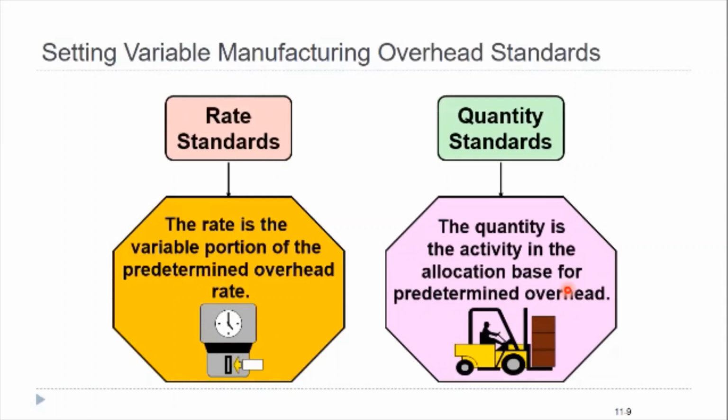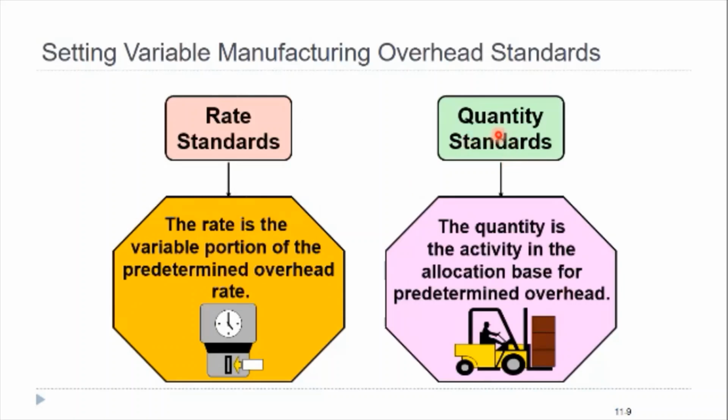For the manufacturing overhead variable, the fixed rate, again, the rate is usually the POHR, right? The variable portion of the predetermined overhead rate. And we saw that in absorption costing already.